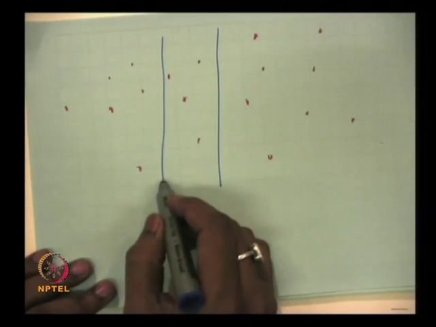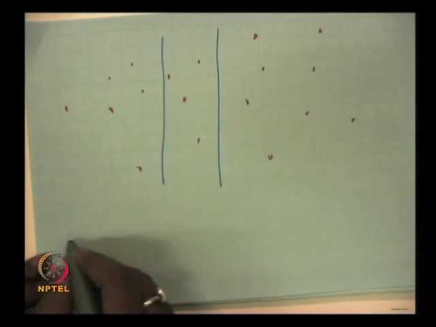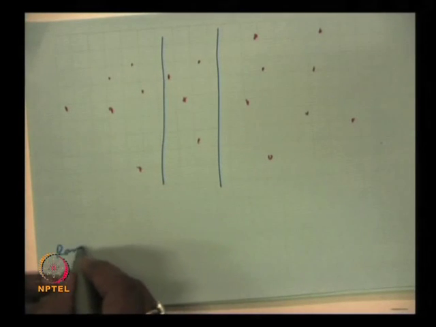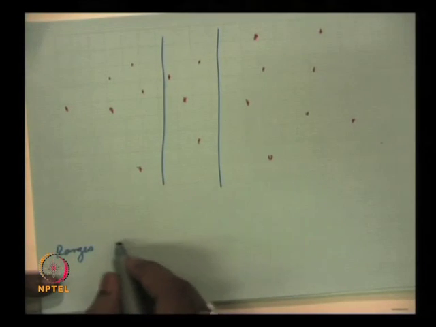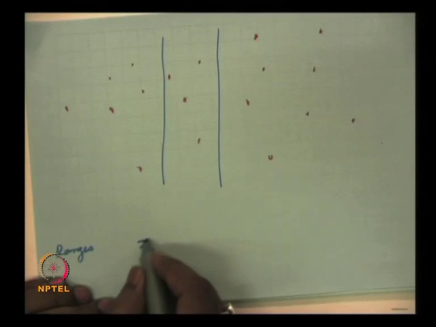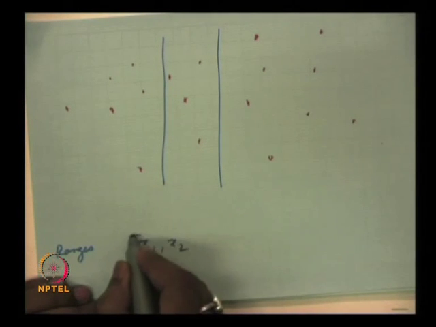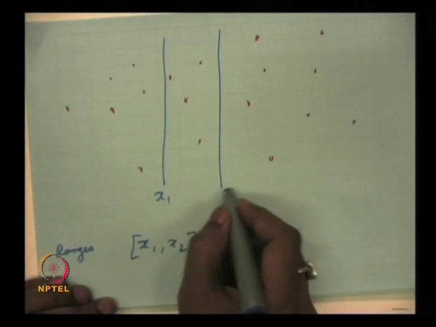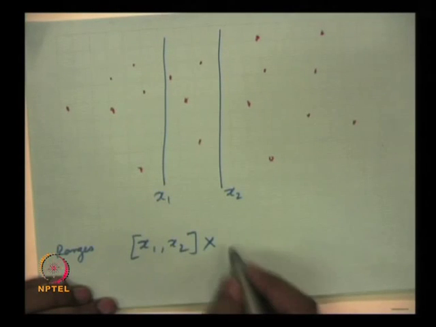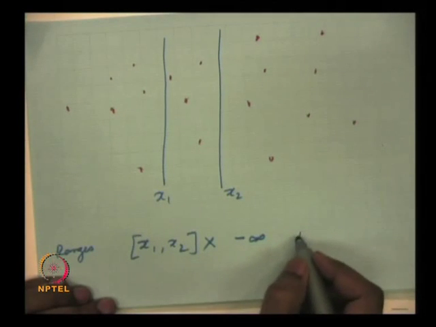Vertical slabs essentially means that the family of ranges is x1, x2 Cartesian product with minus infinity plus infinity.